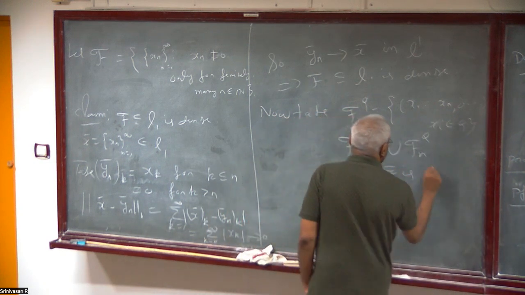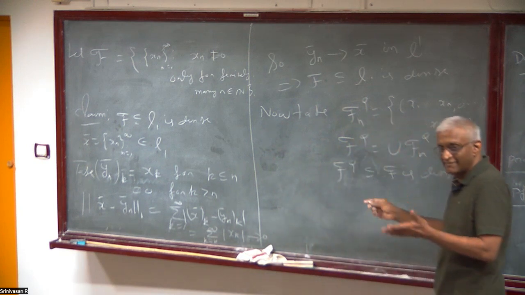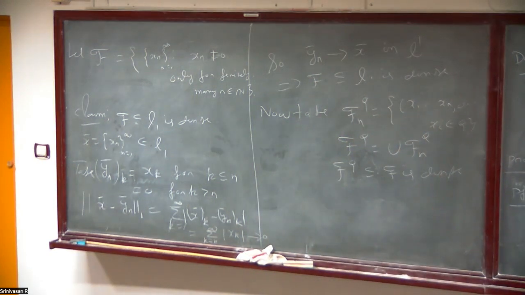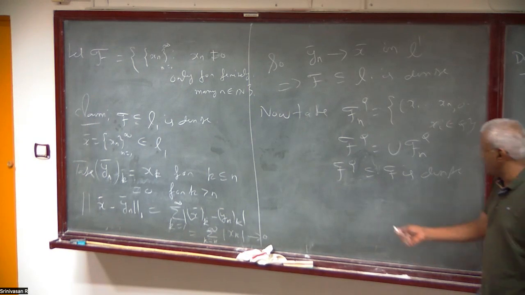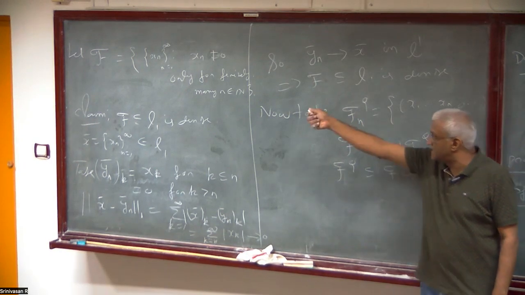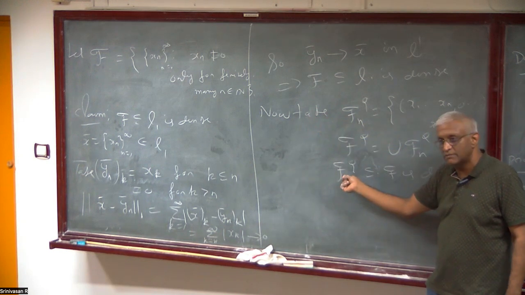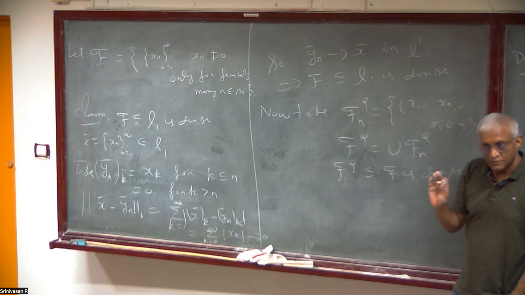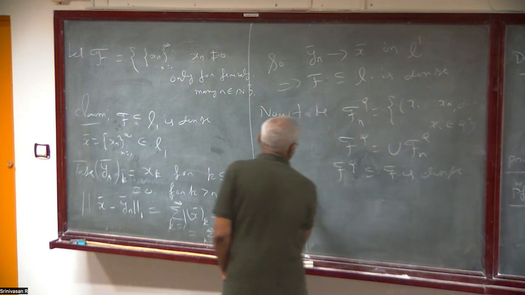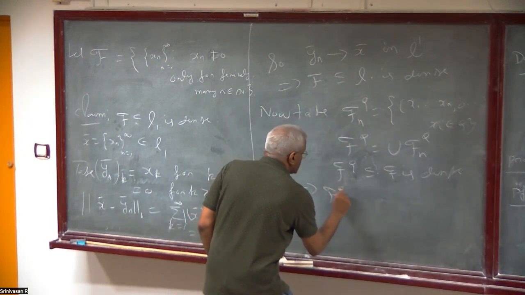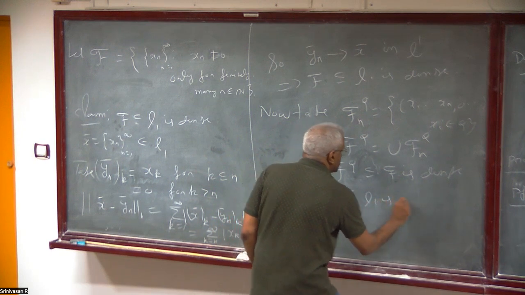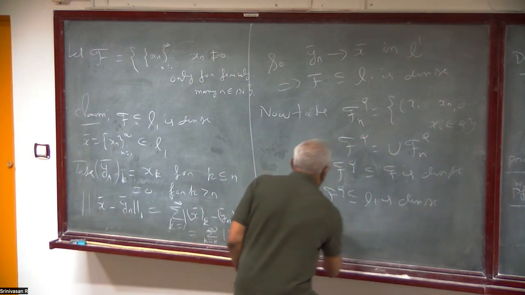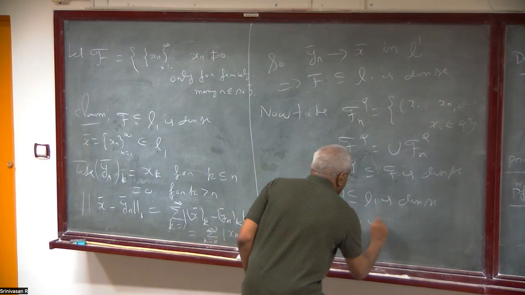I'm just giving one example of how you have to prove it. These are all the steps involved. So F_Q in F is dense and F is dense in L1. So this is a countable set which is dense in L1. So L1 is separable.